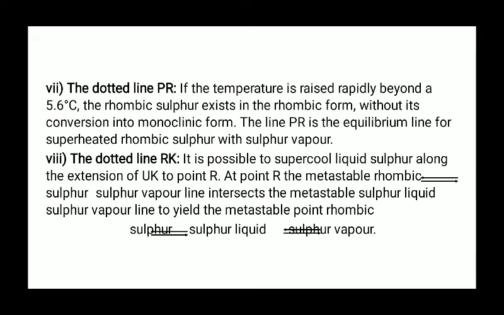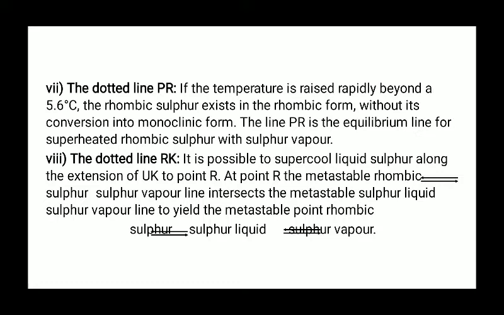The dotted line PR: if the temperature is raised rapidly beyond 95.6 degrees C, the rhombic sulfur continues to exist in rhombic form without its conversion into monoclinic form. The line PR is the equilibrium line for superheated rhombic sulfur with sulfur vapor.